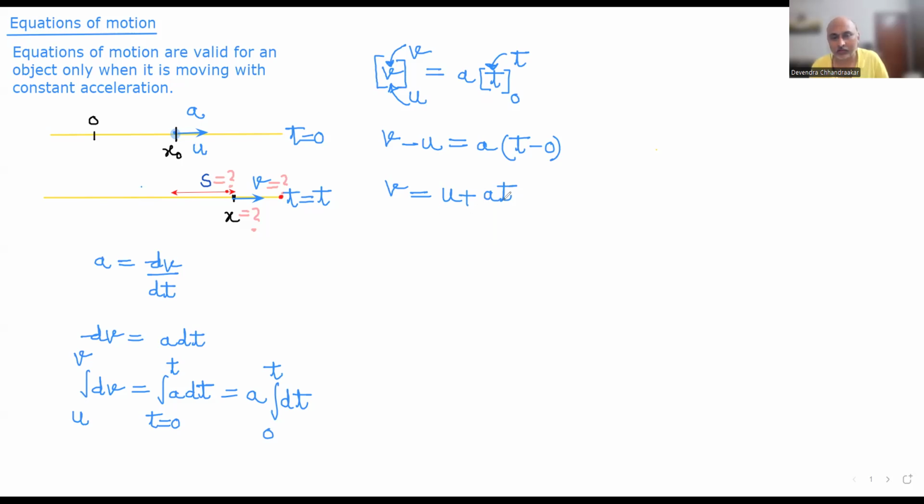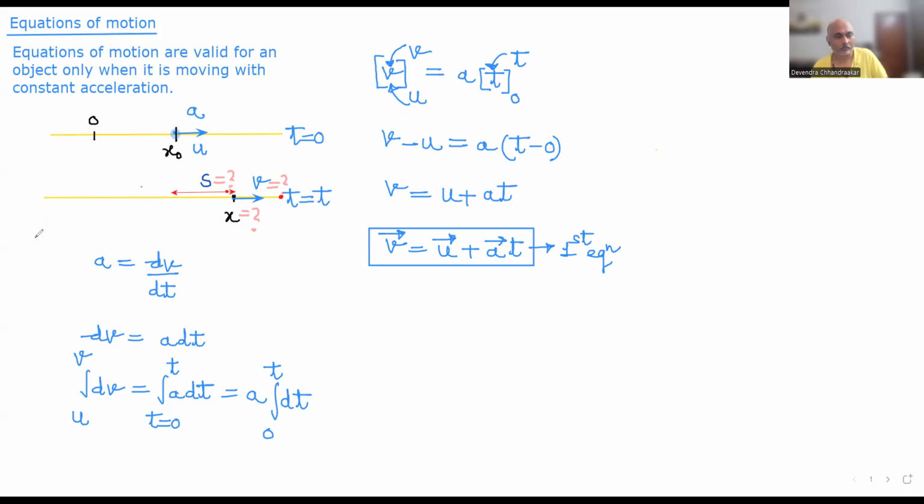This is the first equation of motion which we have derived for one dimension motion. To do it for all three dimensions, we simply put a vector notation on those parameters which are vectors. So this is the first equation of motion.